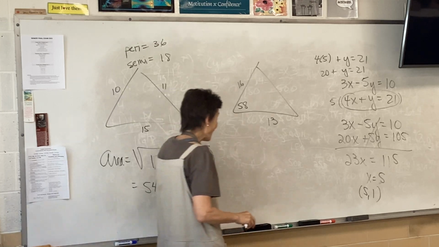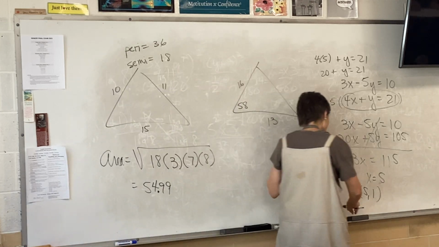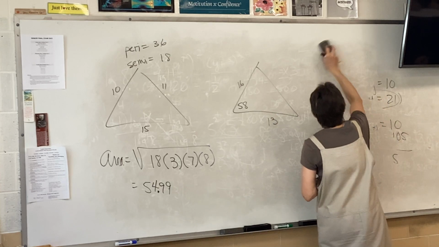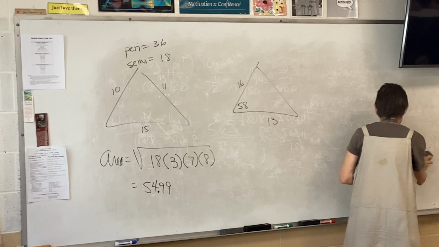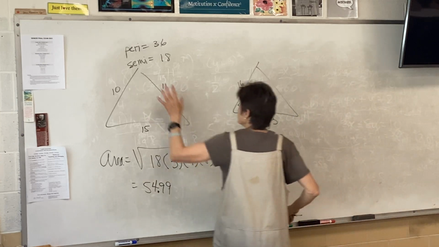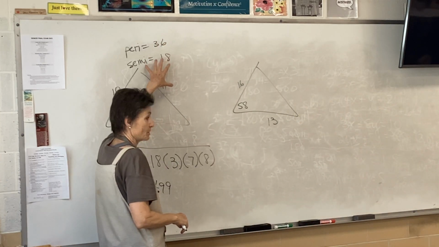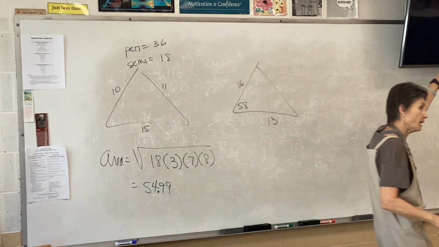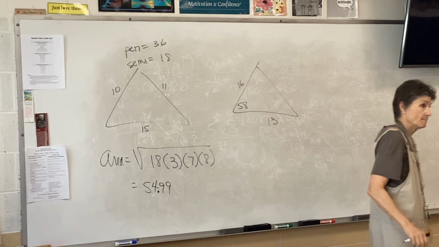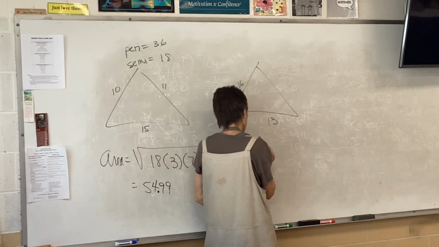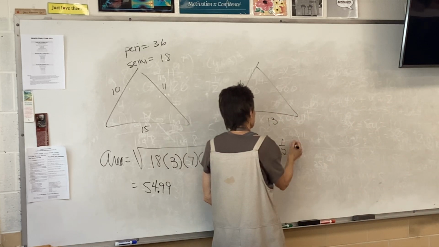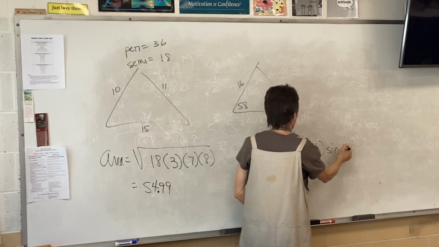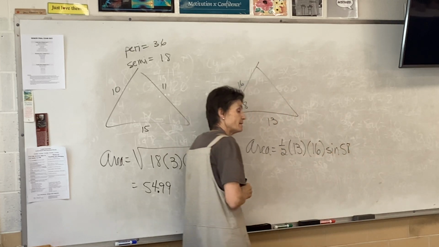Now, I cannot do that with this other problem. Why? I don't have all the sides. So obviously, I'm not going to be able to do this part right here, which is crucial. So I'm going to use the other area formula, which says what? 1/2 AB sine C. 1/2 side times sine of the angle between them.